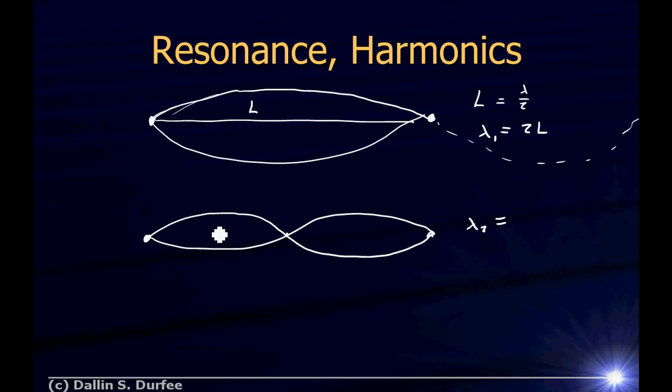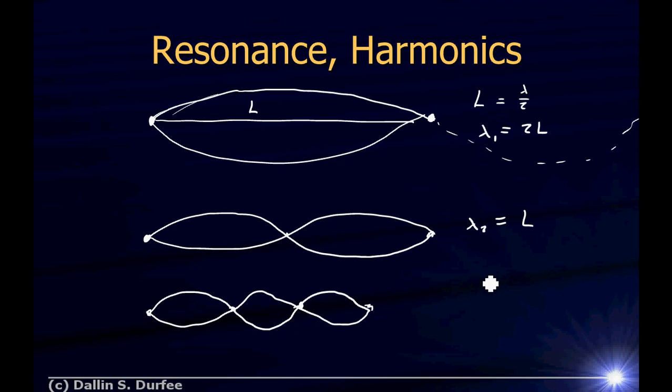I get a whole wave here, so it's just L. I can also do one with 2 nodes in the middle of the string. It looks something like this. And that's a wavelength right there. So lambda 3, this is what we call the third harmonic. Its wavelength is 2/3 of the length of the string.